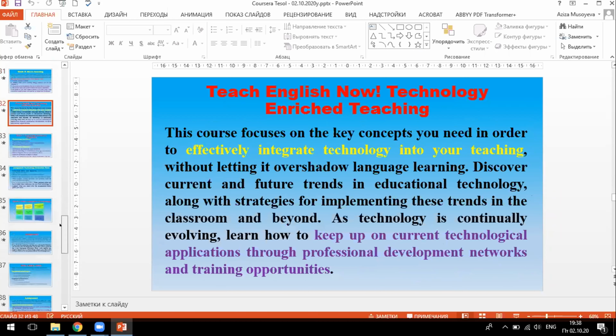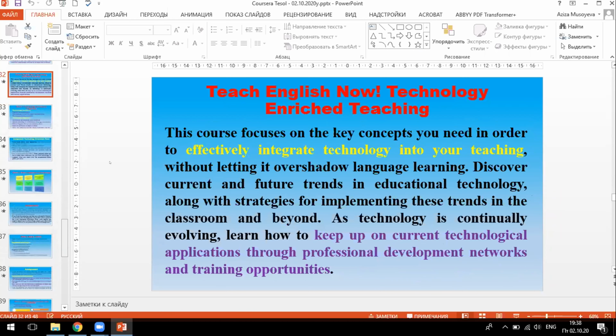And in the 7th course, technology enriched teaching, they are most of the time focused on how effectively you integrate technology in your teaching. So we have different technologies these days.